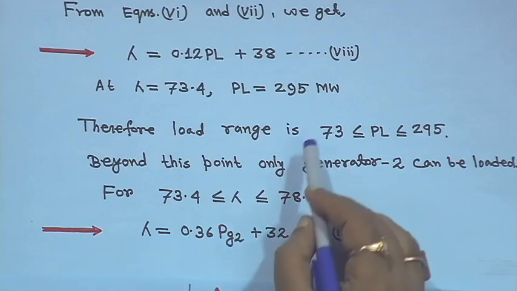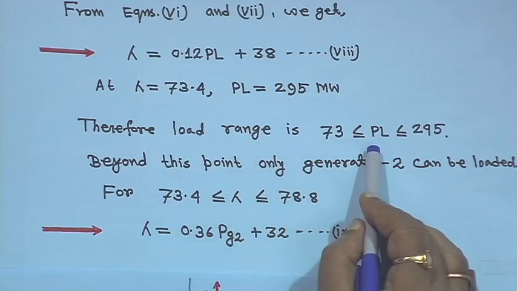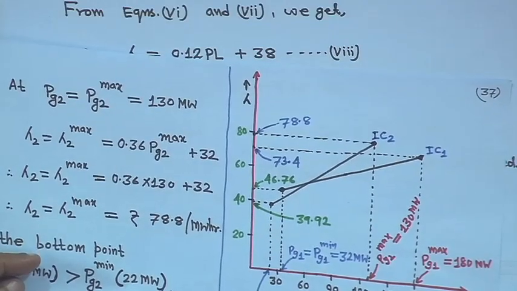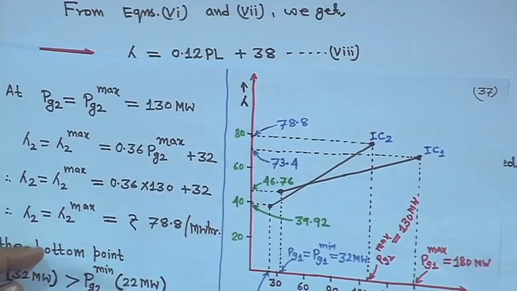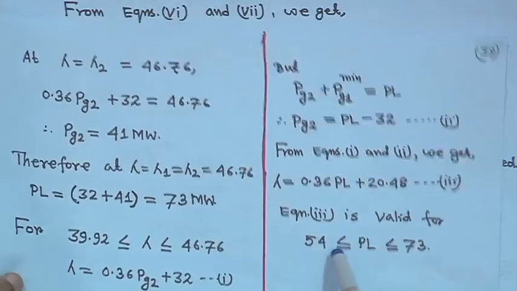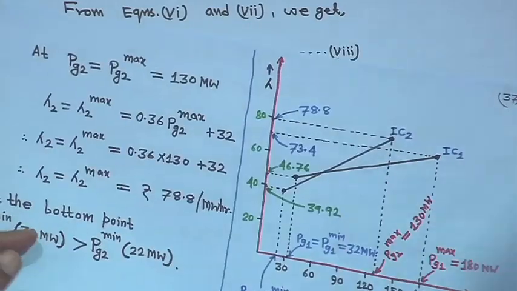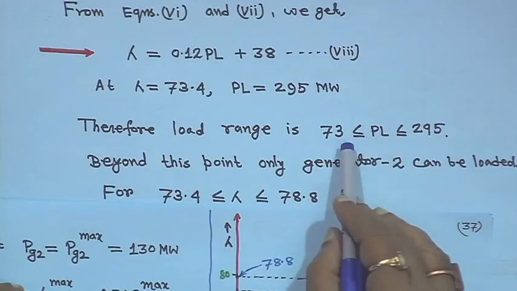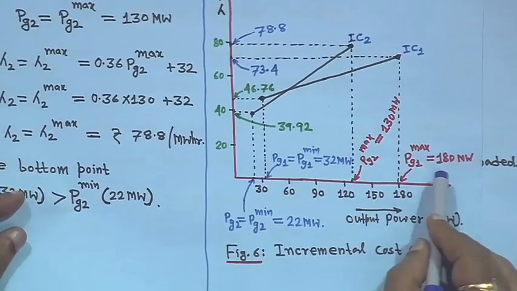So, if PL is equal to 295 megawatt, the load range will be in between 73 and 295, because previously we have seen that it was between 54 and 73. Now, beyond that, the load range will be between 73 and 295, but here the maximum for Pg1 is 180 megawatt.